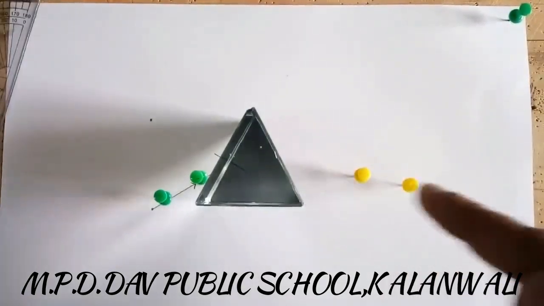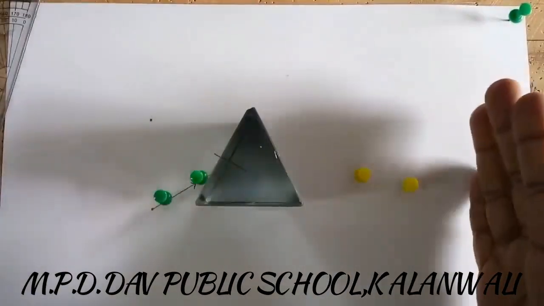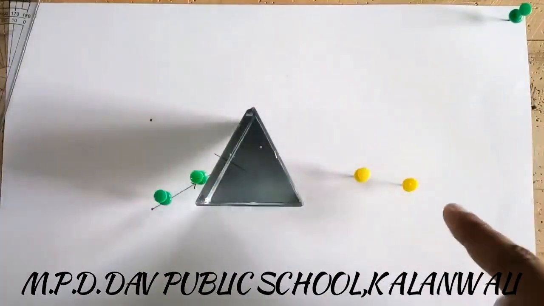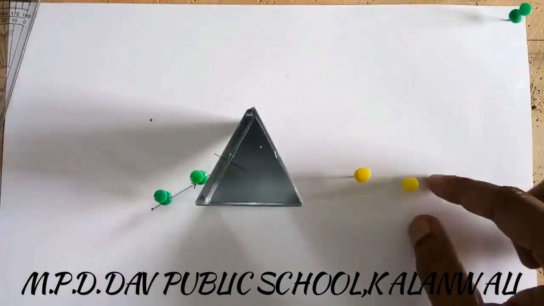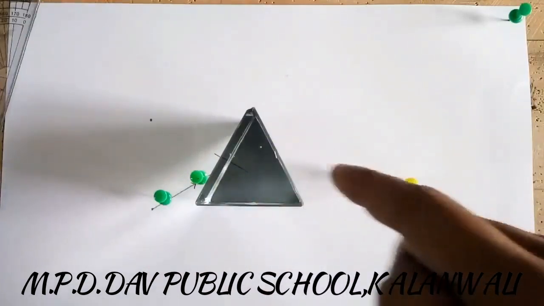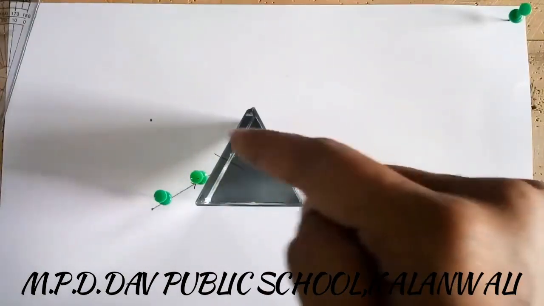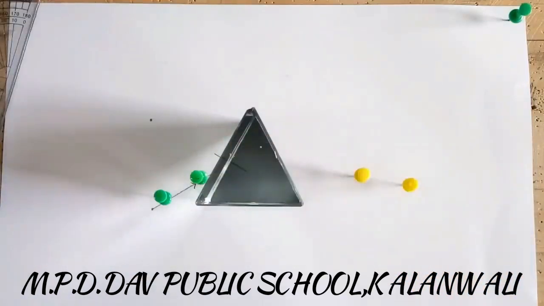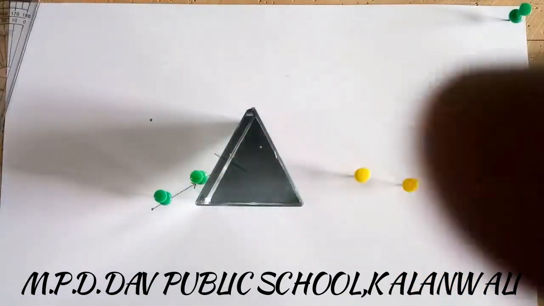Okay, so now when I was looking at these two pins from this side, because this is the emergent ray which is coming to my eye, I would be seeing these two pins in this line, and now these two pins I have attached in such a way that all these four pins are visible in a straight line. Let's see it.